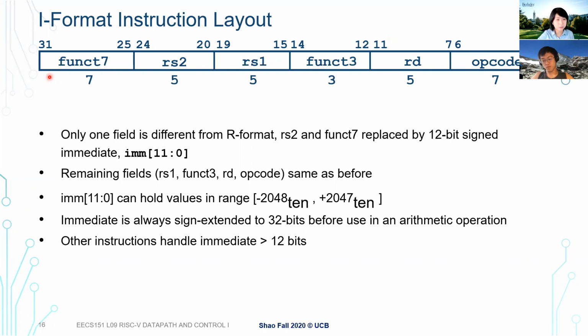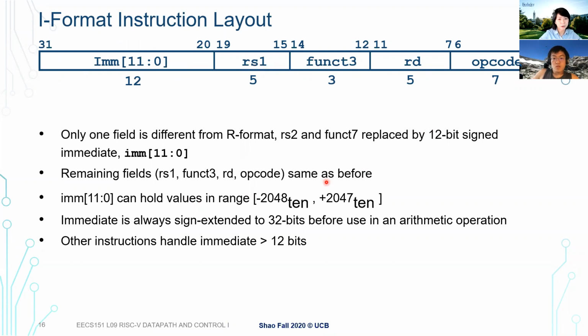It's very straightforward. As Prashant asked earlier, we like a regular instruction format, so to enforce regularity in our design we only change one part. Instead of having RS2 and the func7 field, we merge those to have a 12-bit immediate. The rest of the fields, RS1, func3, destination, and opcode, remain the same.